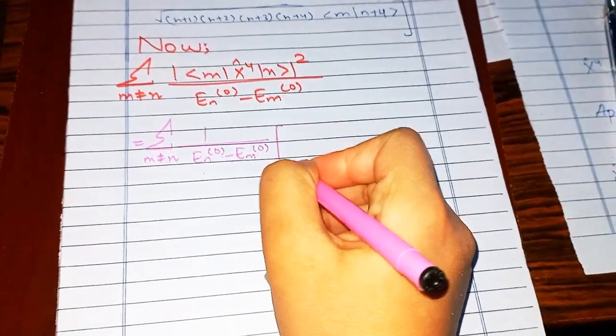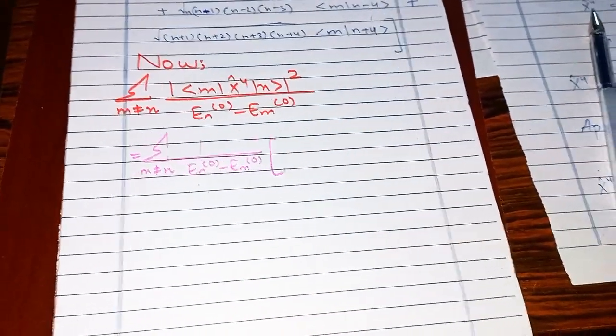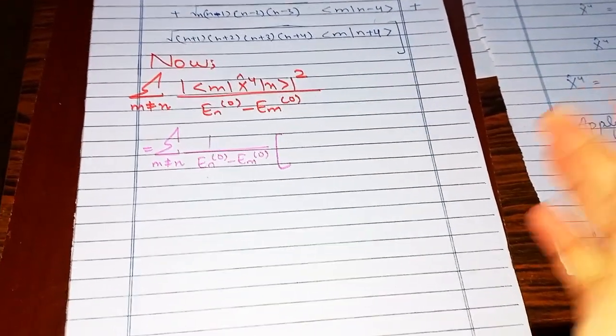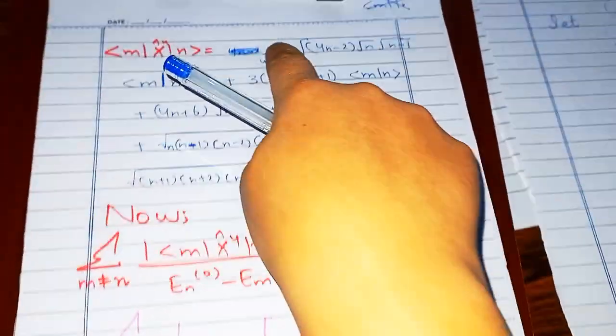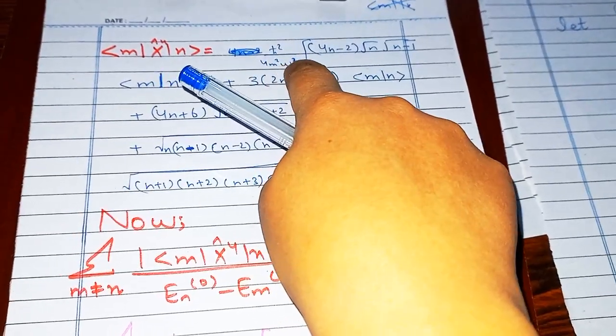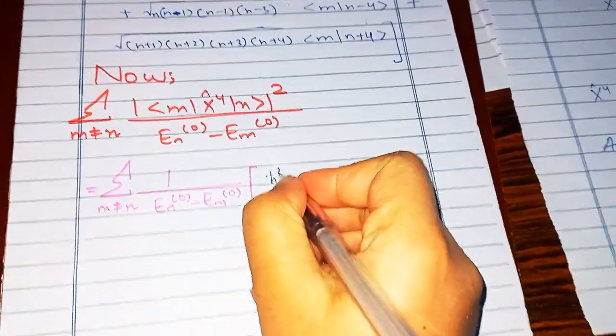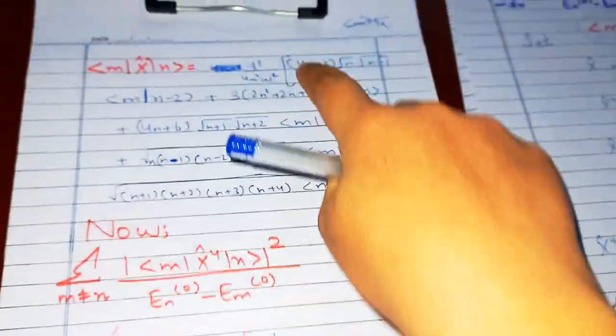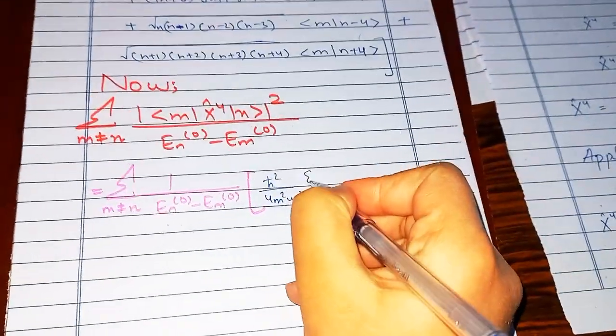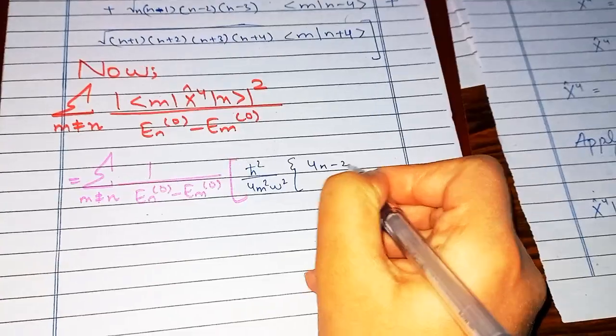Okay, and the same situation happens here as we did for the x cube operator before. So let's write down this expression, which is h-bar squared by 4m² omega², and this whole term inside curly bracket starts with 4n minus 2.